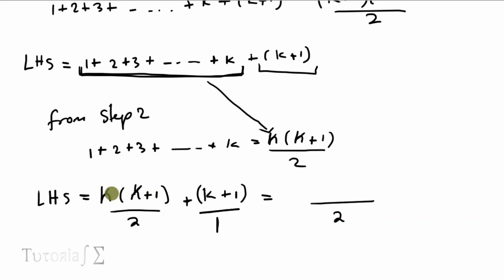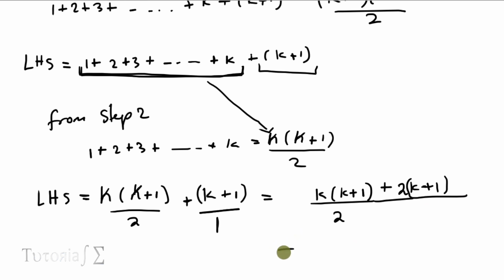We can distribute this in advance, or we can just say k open brackets k plus 1, then plus 1 into 2, that is 2. 2 times k plus 1, it will be 2 open brackets k plus 1. Okay, we can do it like that.